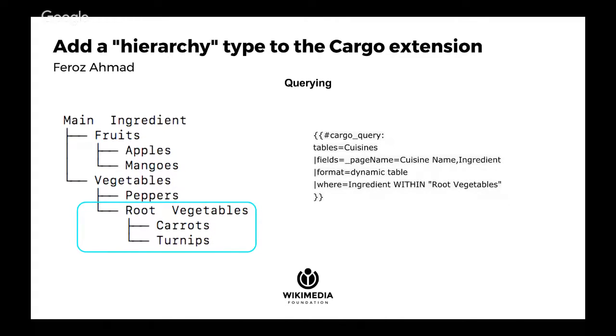And now you want to query how many dishes or how many cuisines have root vegetables mentioned in them, and that should also include carrots or turnips or any other values within the root vegetables.